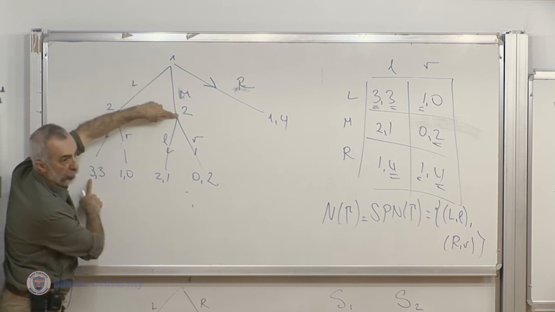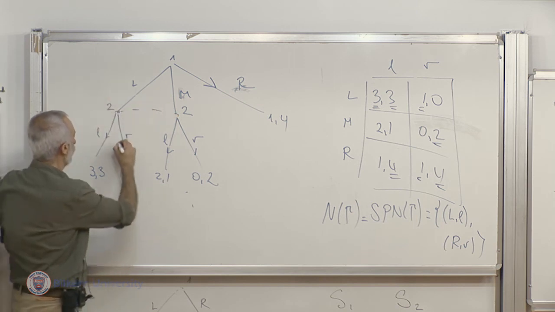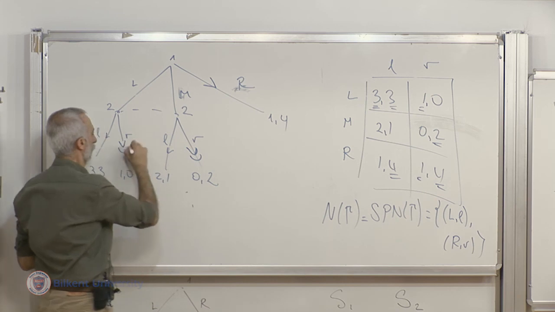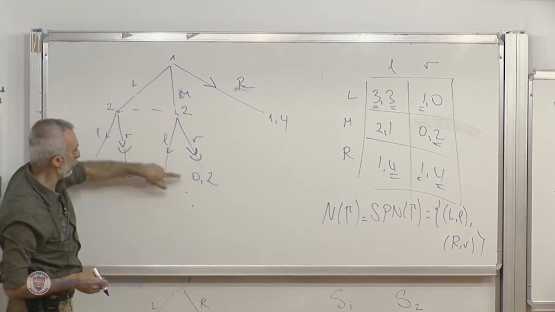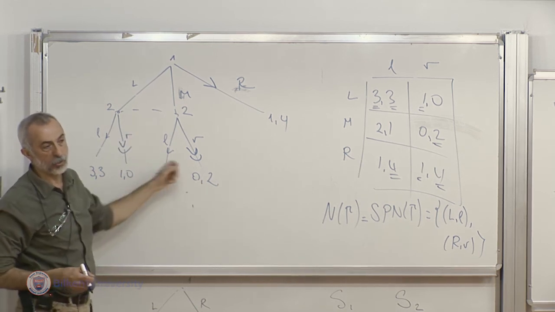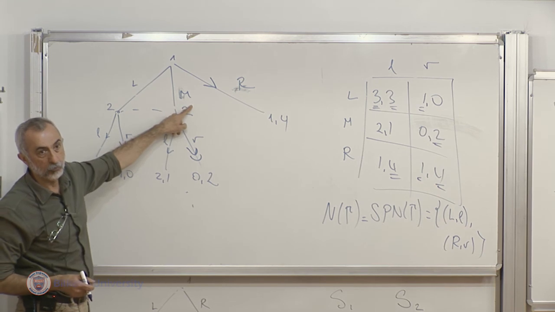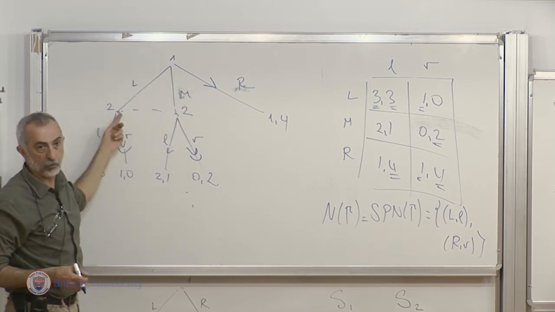If he plays capital M, his payoff is going to be 2. 3 is bigger than 2. If he believes that I'm going to play R, if he plays capital L, his payoff is going to be 1. If he plays capital M, his payoff is going to be 0. 1 is bigger than 0. L is better than M.